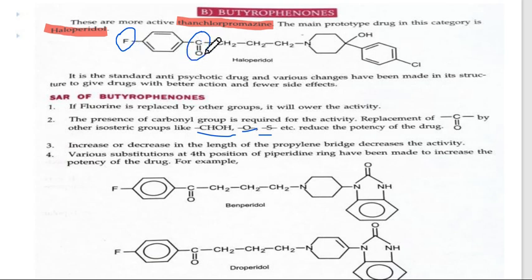If the carbonyl group is replaced by isosteric groups like oxygen, sulfur, CHOH, it will reduce the potency of the drug.